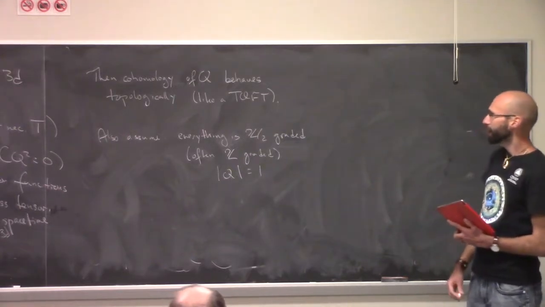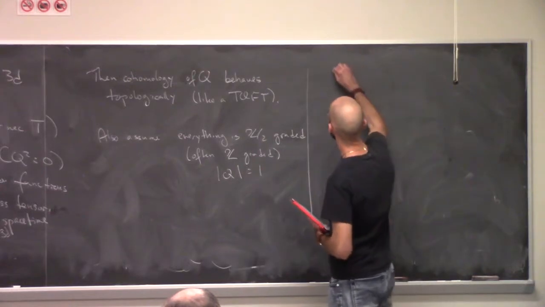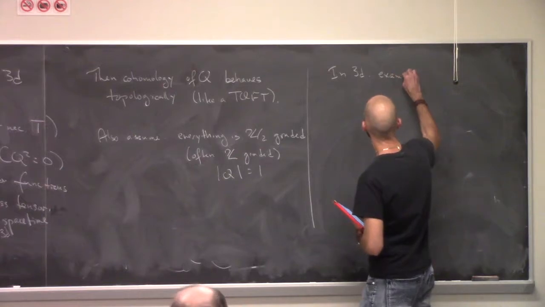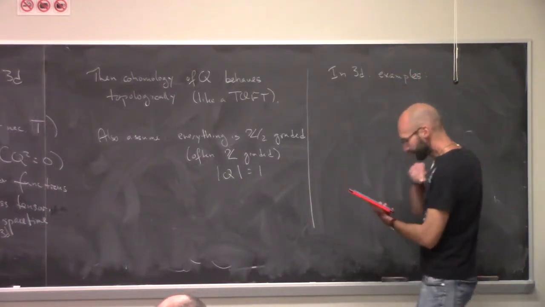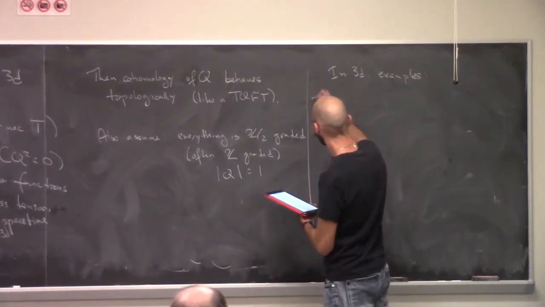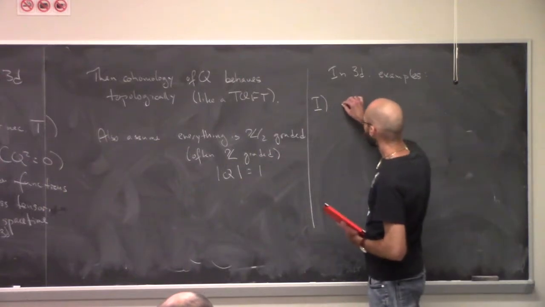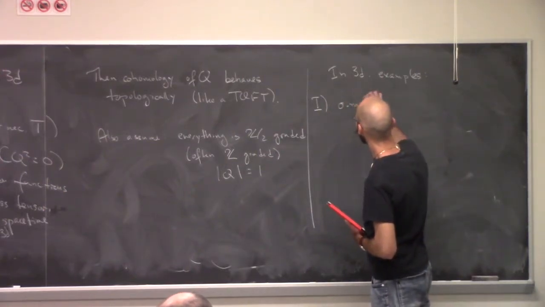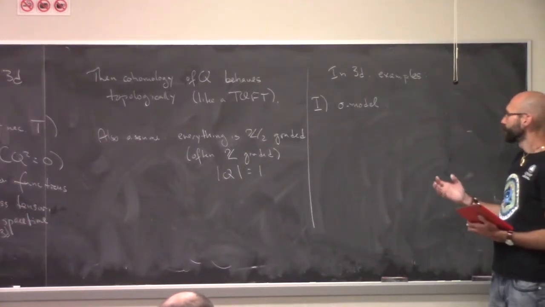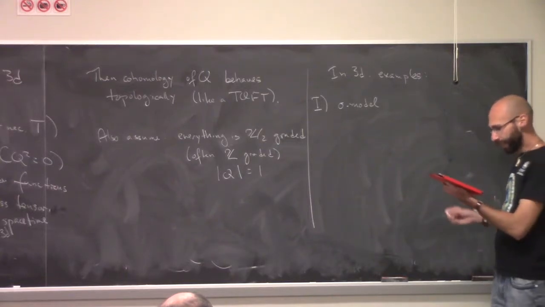So the main examples of theories of this type in 3D are of two types. Sigma models, where the fields of the theory include maps from whatever three-dimensional spacetime is into some target.